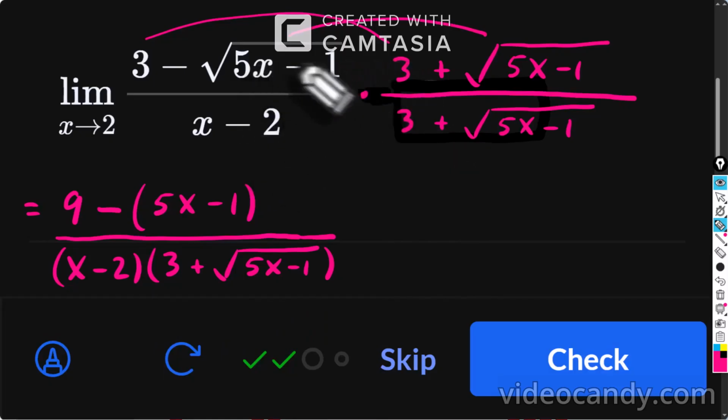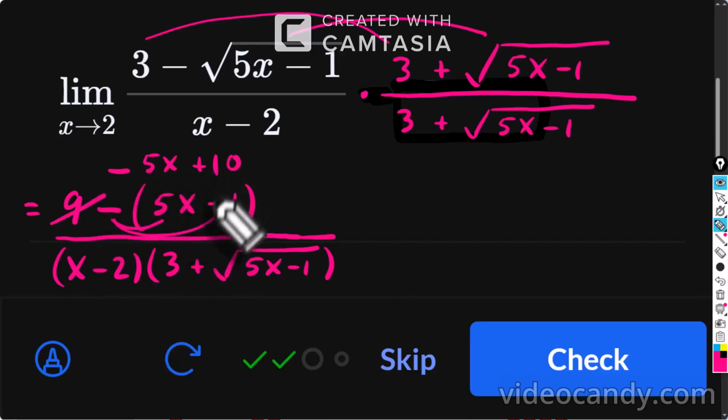In the numerator, the inner-outer term drops out, but in the denominator, it's just going to make more of a mess, so just leave it. All right, so distributing the negative, we have negative 5x and negative times negative 1 is positive 1. So we have negative 5x plus 1 plus 9, that's going to be plus 10.